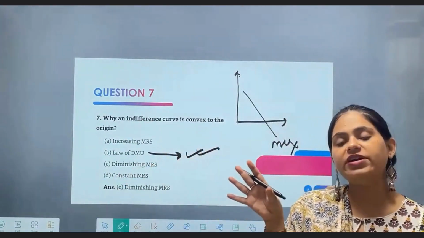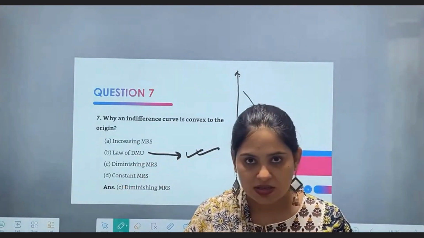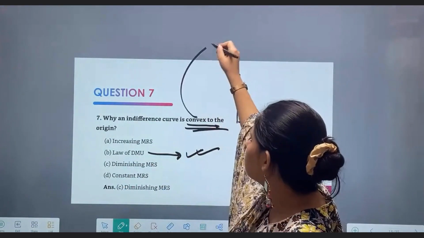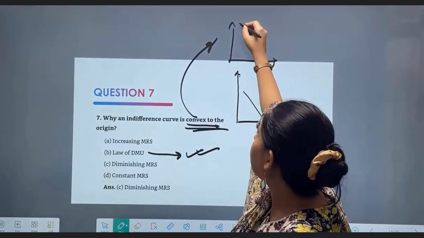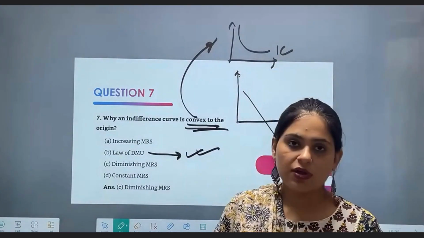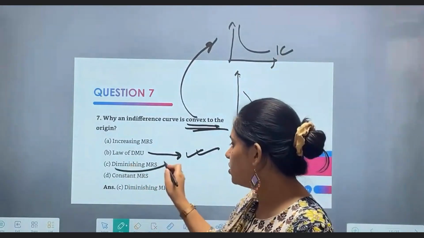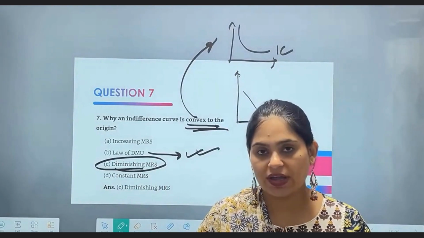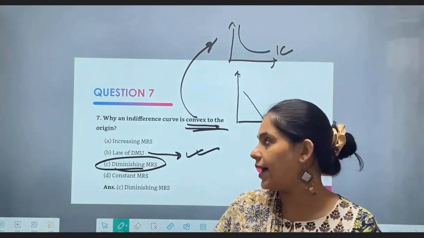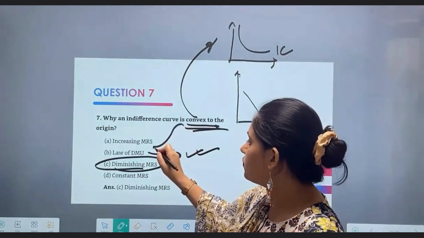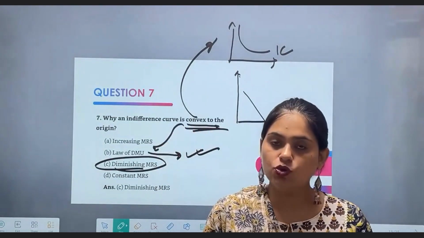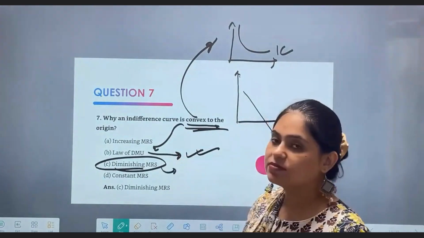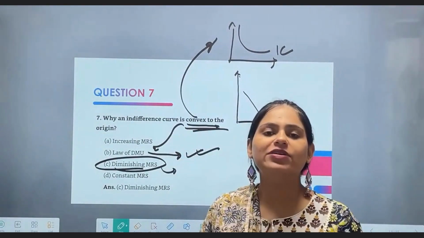The slope of the indifference curve is MRS. So, if this is convex, it must be associated with the slope of my indifference curve, and that is diminishing MRS. So please don't say that this is convex because of law of DMU. No. But why is MRS diminishing? That is due to the law of DMU.